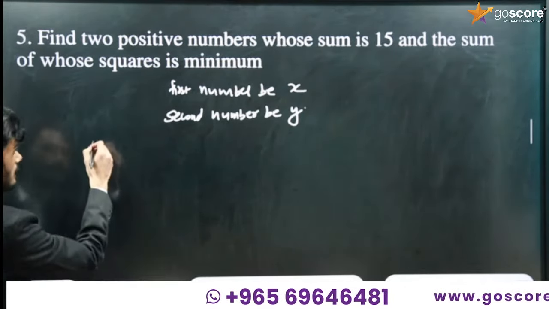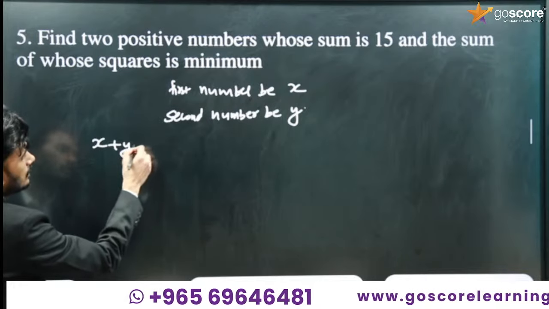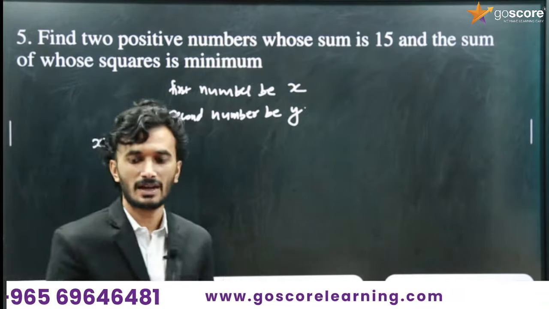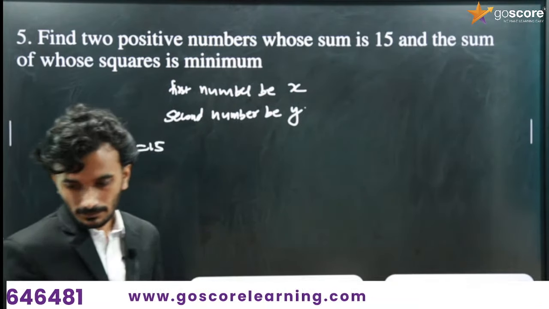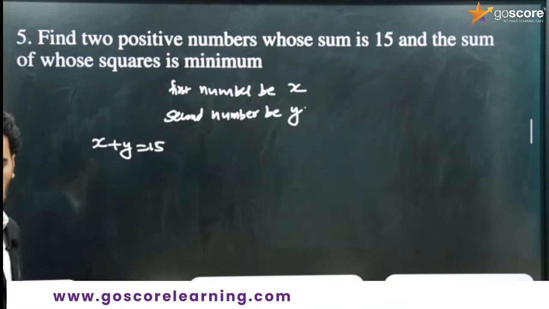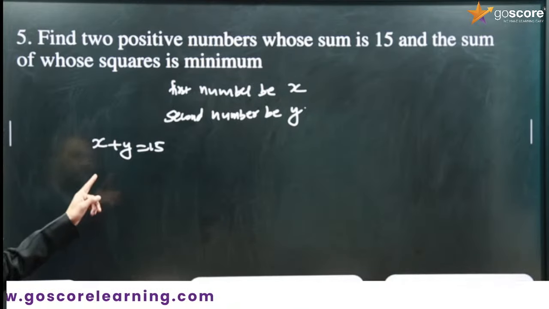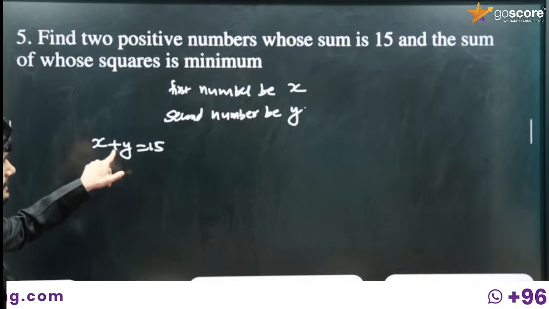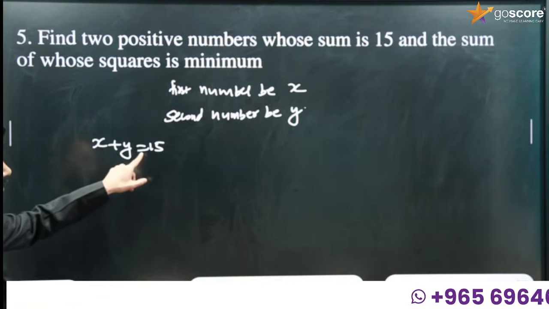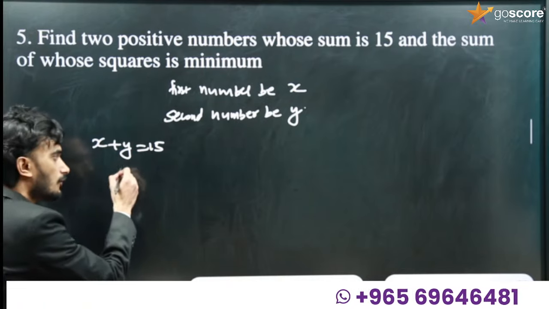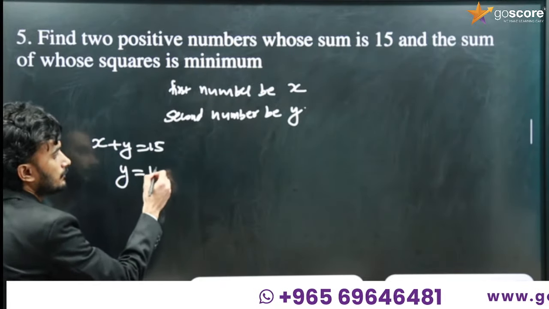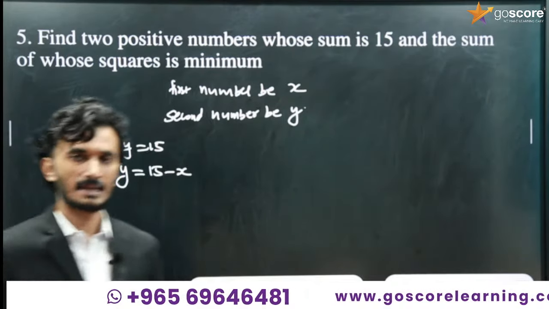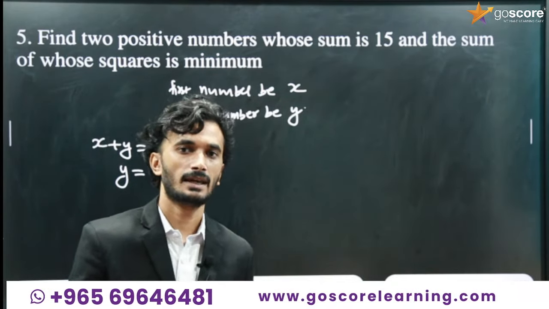That means x plus y is equal to 15. What will be the value of y? y is equal to 15 minus x. That means the second number is 15 minus x.